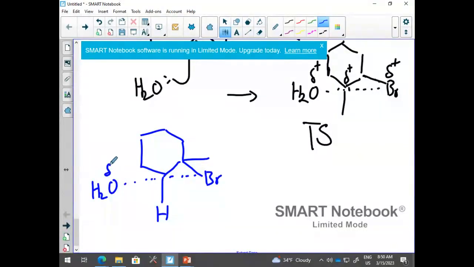So this is if the water attacks the less substituted carbon. This is the other transition state, the blue transition state.